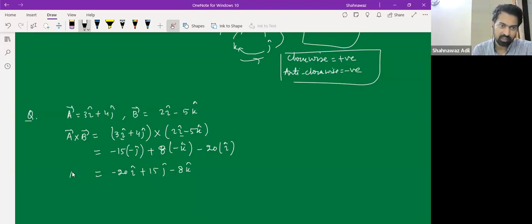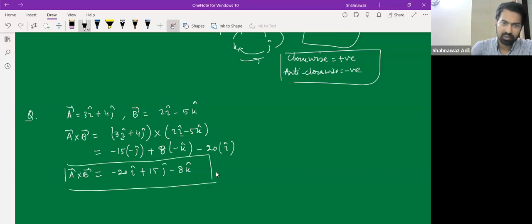So this is our A cross B. Understood, guys? Yes, sir. Quickly note it down, and then I will give one question, and then I will talk about that calculus part.